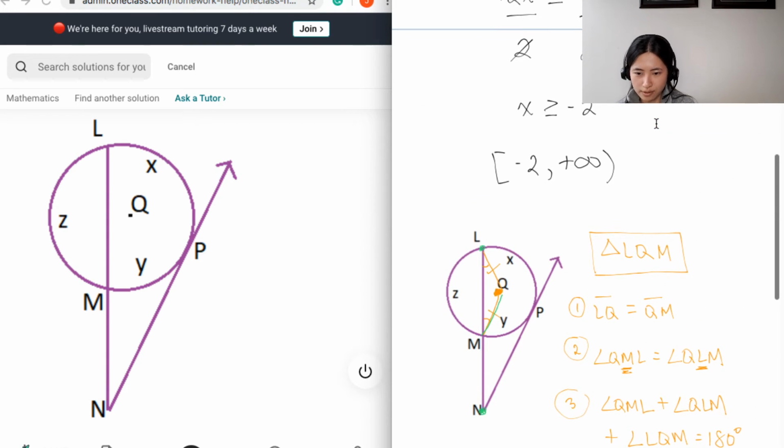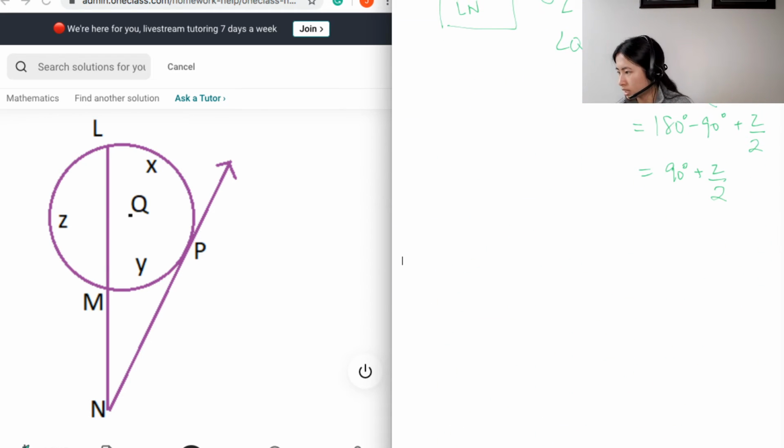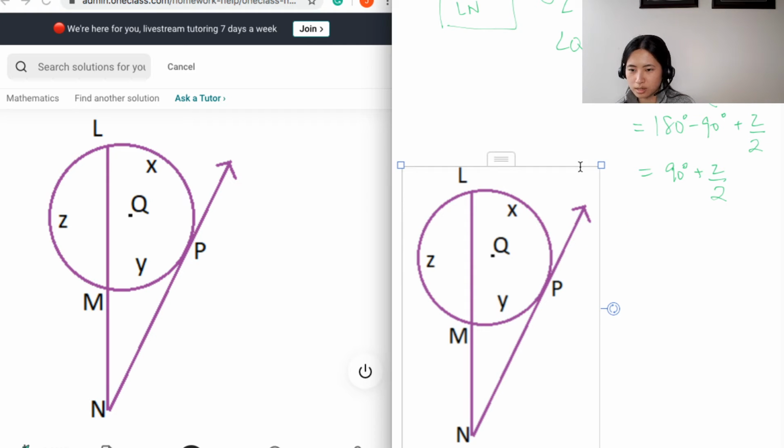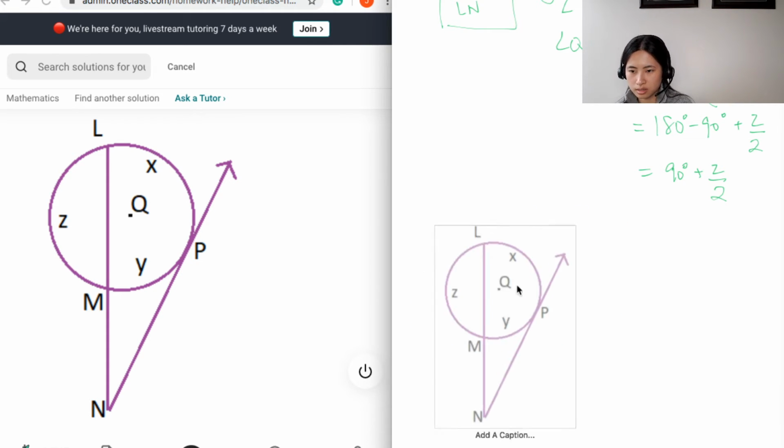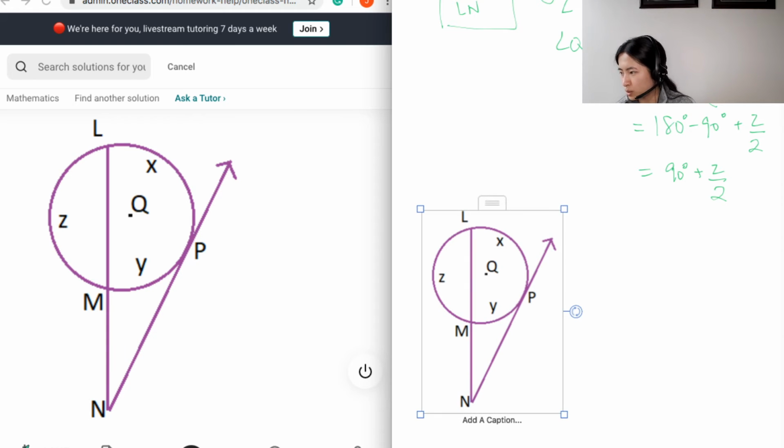Maybe I can drag this. Okay, great. So I was able to drag this. So we can move on to the trapezoid now.